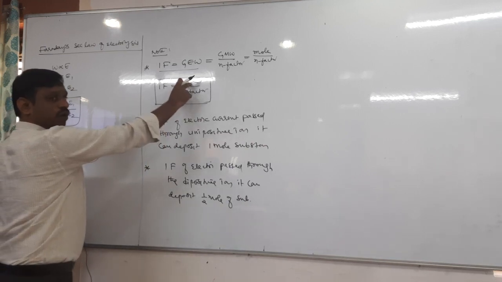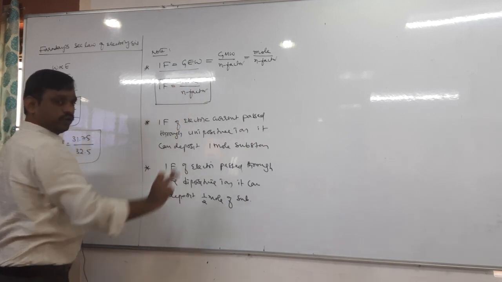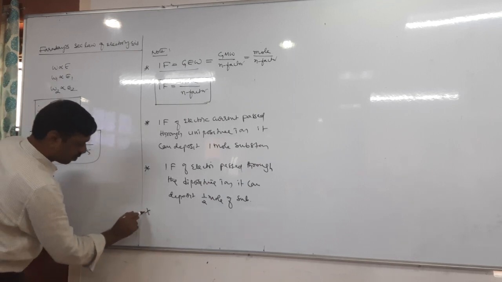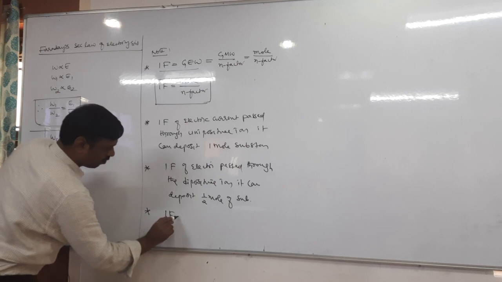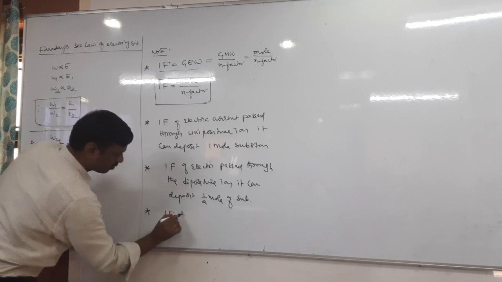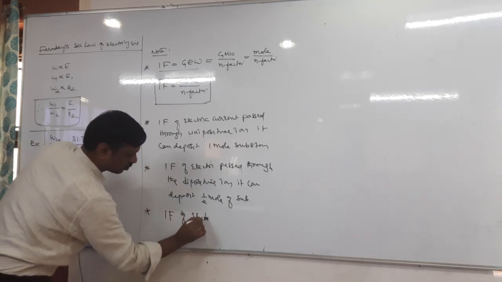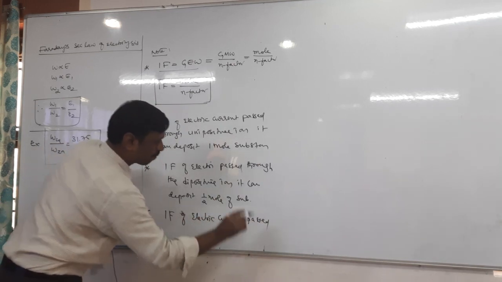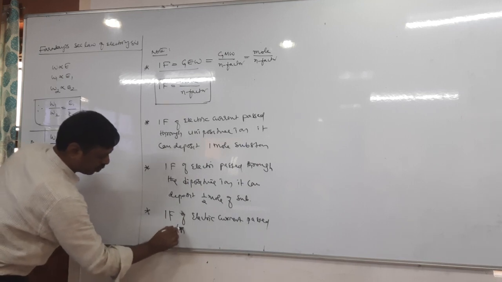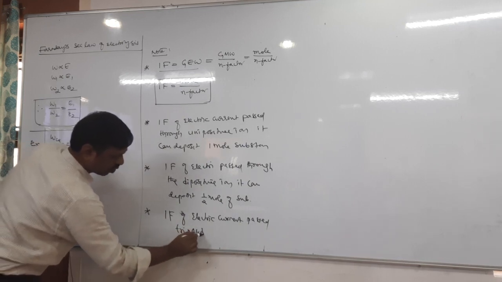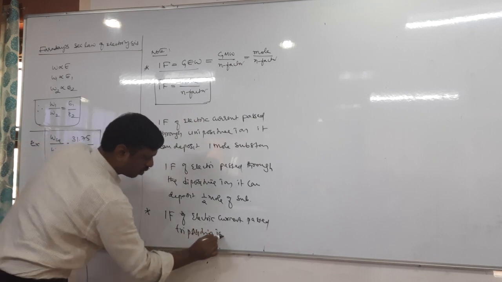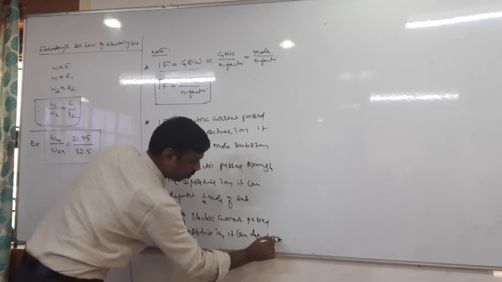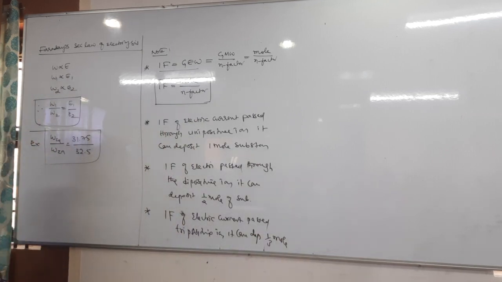It is 1 mole divided by n factor, which is 2, so 1/2 mole. Similarly, 1 Faraday of electric current passed through the tripositive ion can deposit 1/3 mole of substance, yes or no?